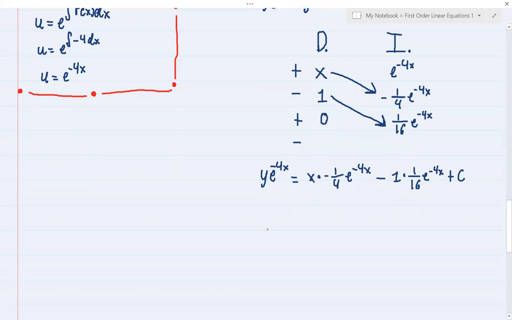So by simplifying, we will have y times e raised to negative 4x is equal to negative 1/4 x times e raised to negative 4x minus 1 over 16 times e raised to negative 4x plus c.